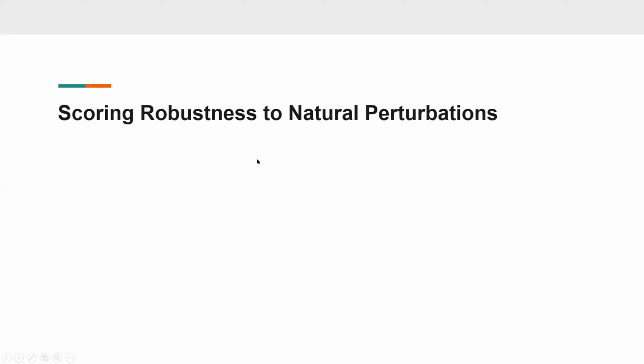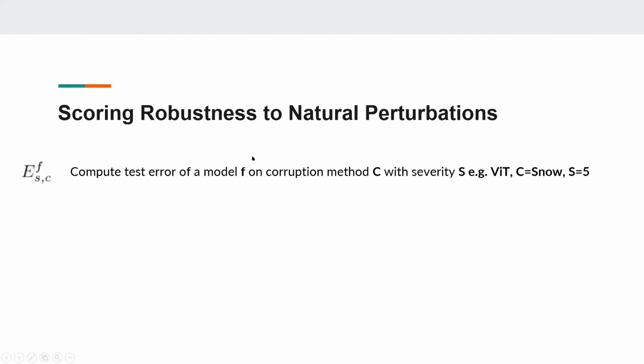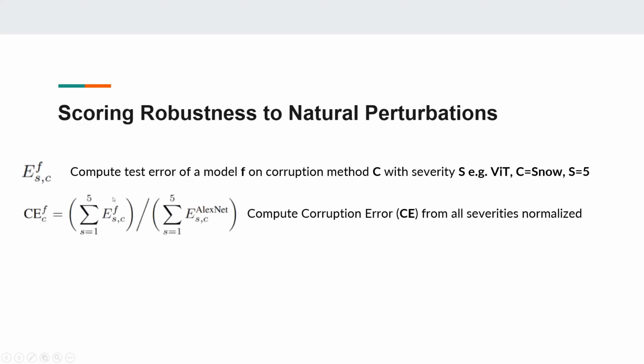The way that the authors scored different models using this technique was first computing a test error E on a specific model for each corruption method with each severity. So for example, you would evaluate a ViT model on the snow corruption using severity level 5. Then each one of those errors was summed across all of the severity levels and normalized by a common baseline.